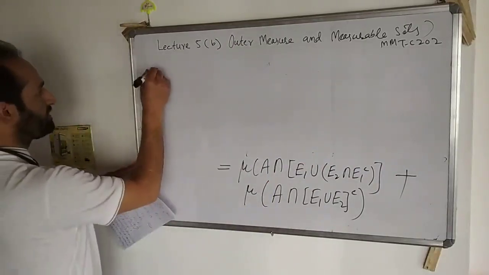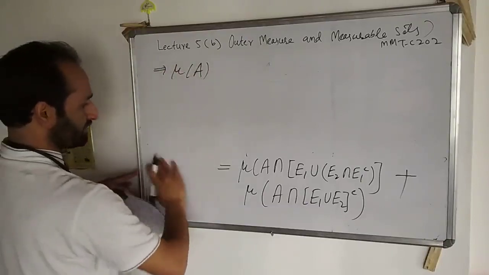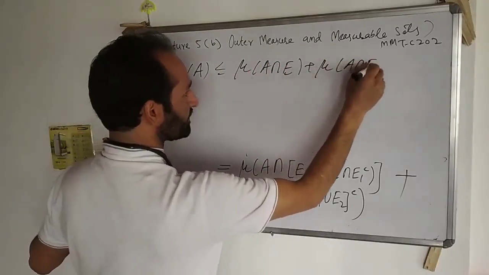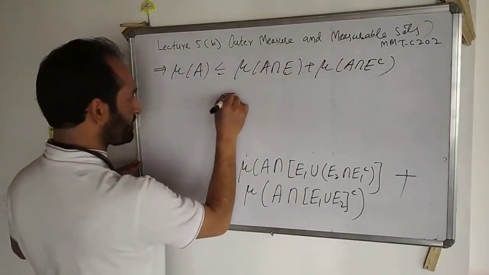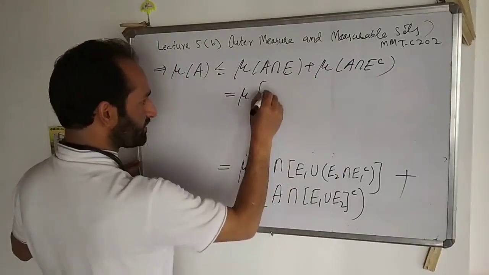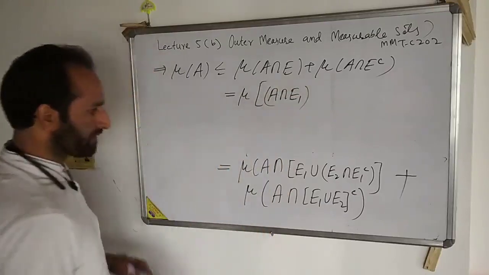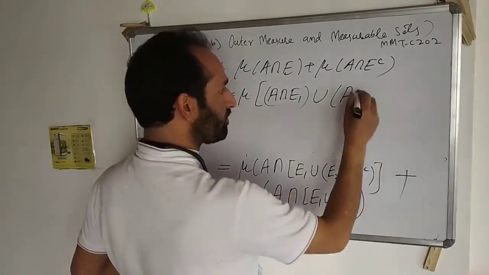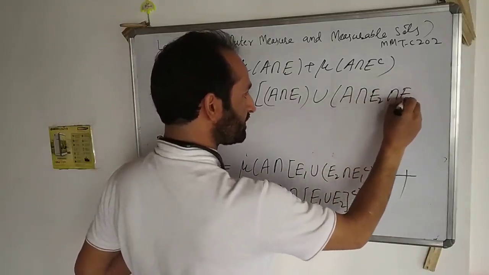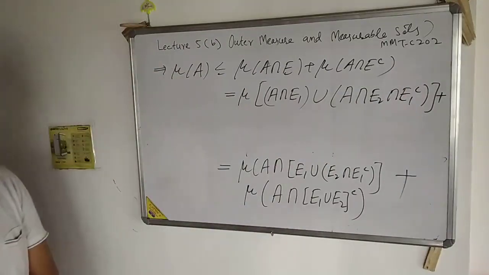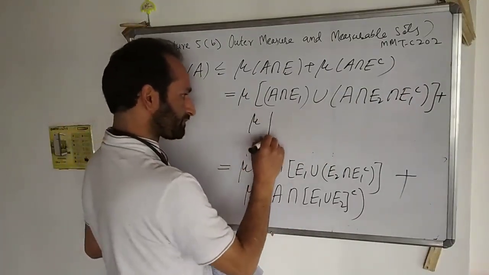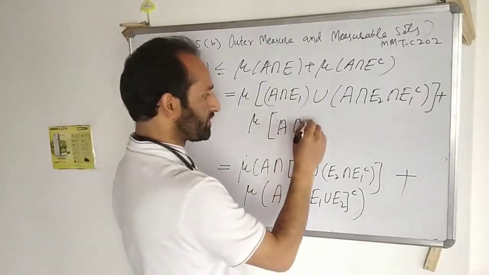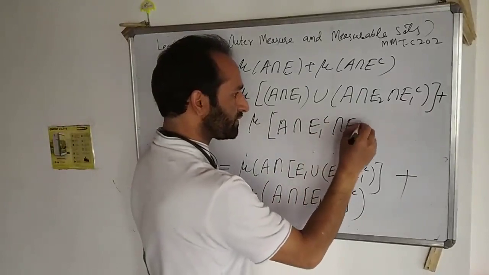That implies mu of A is less than or equal to mu of A intersection E plus mu of A intersection E complement, and here it is equal to mu of A intersection E1 union A intersection E2 intersection E1 complement, plus mu of A intersection E1 complement intersection E2 complement.